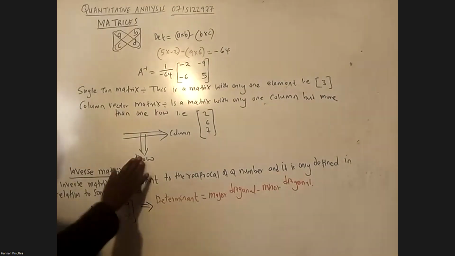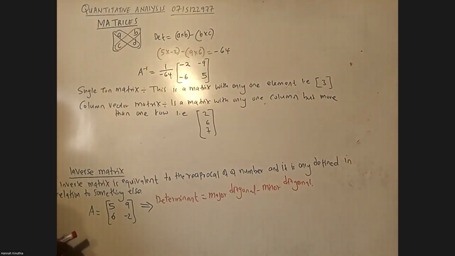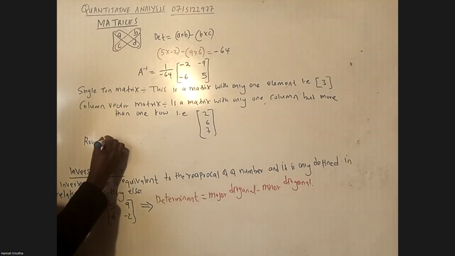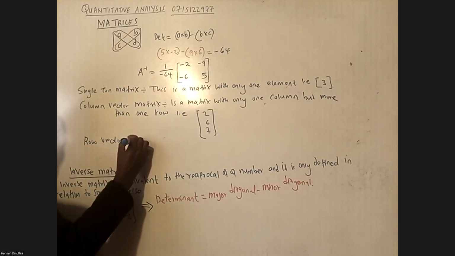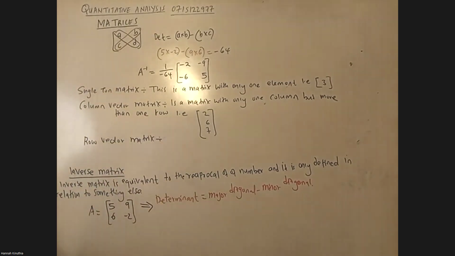Then the opposite, we have the other one. We call it the row vector matrix. You can say it is a matrix with one row, but more than one column.